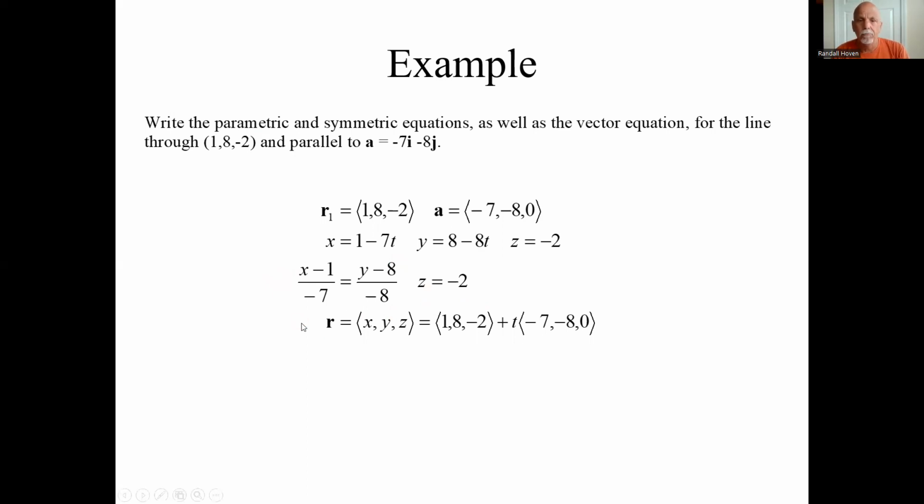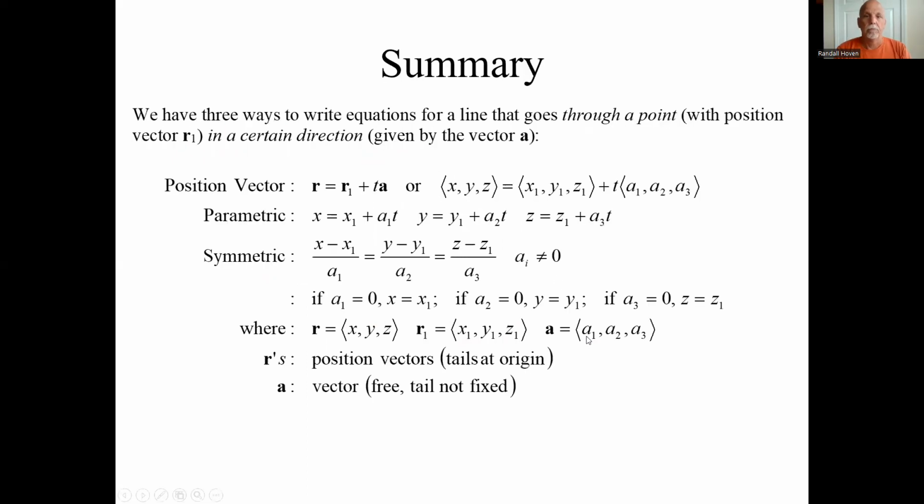In the vector form, r equals r sub 0, which is the position vector to this point, plus t times this vector, -7, -8, 0. There it is, all summarized.